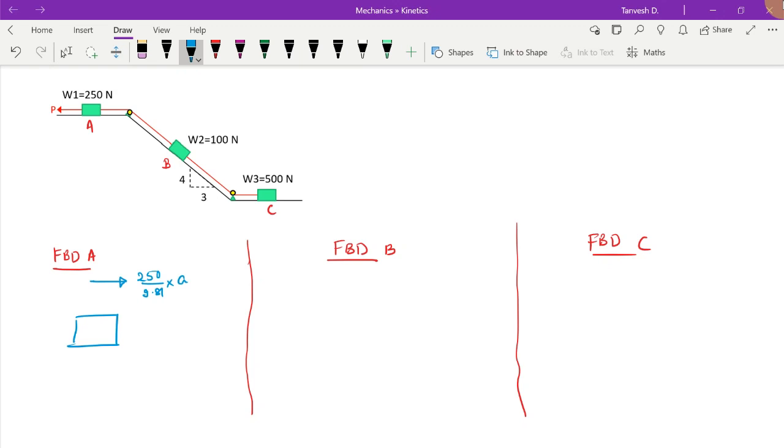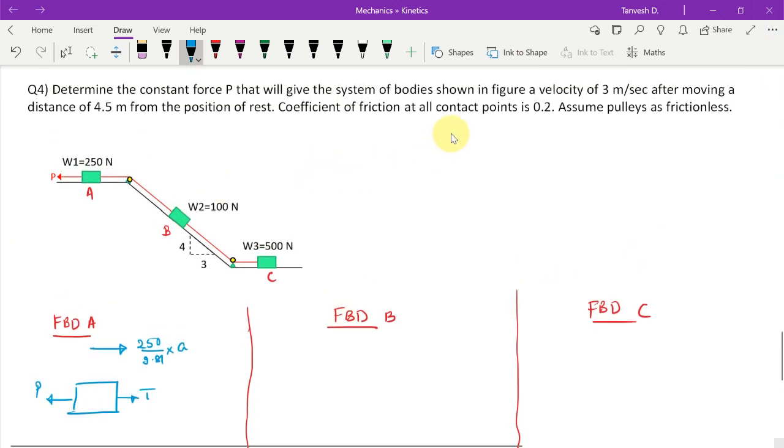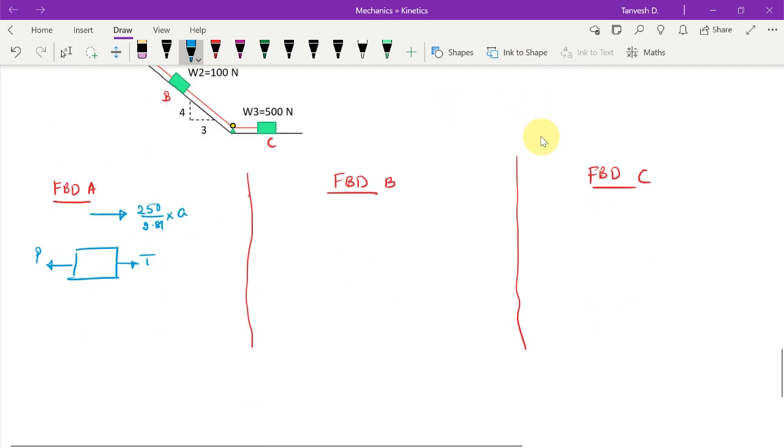This is your force P, then there would be a tension T here, and all of them are having a coefficient of friction at all contact points of 0.2. So the weight is also acting as 250 newtons.